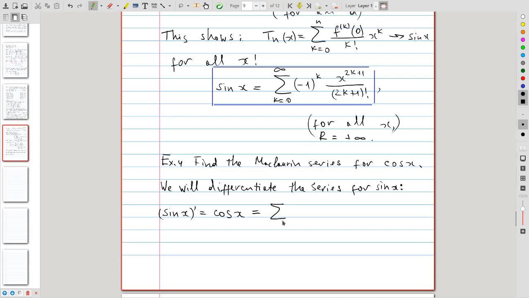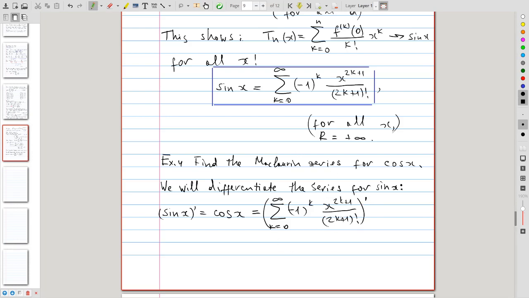So let's see what we will have here. We must write the derivative of this expression. So let us just do it this way. Just write the series over 2k plus 1 factorial, and then slap the prime on it.